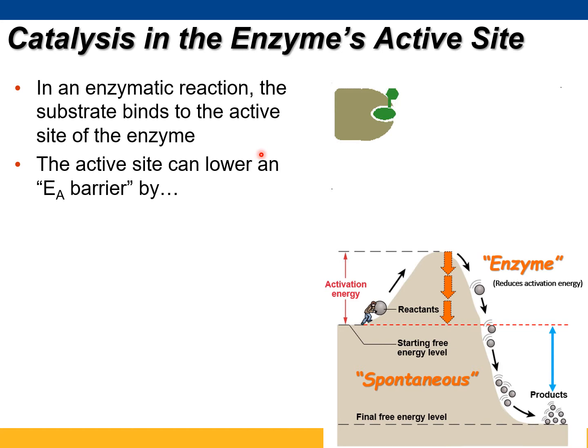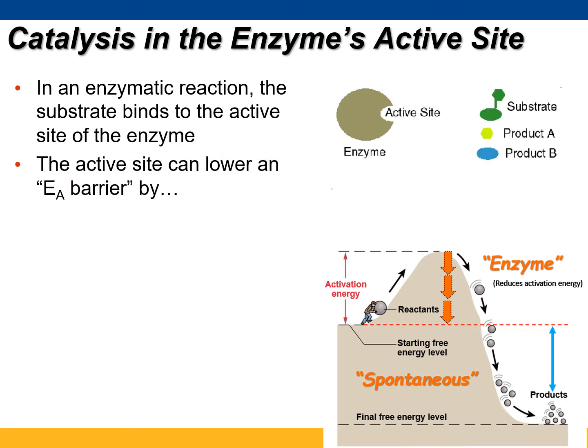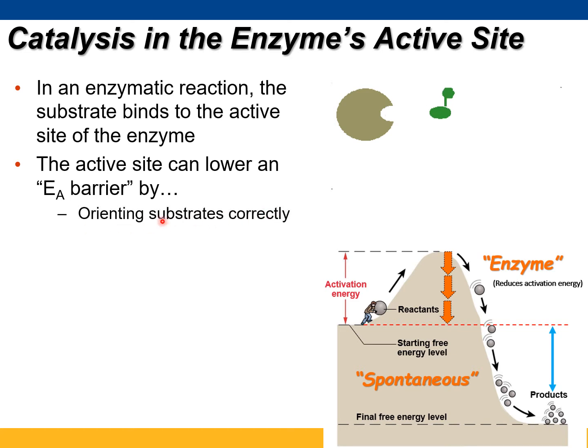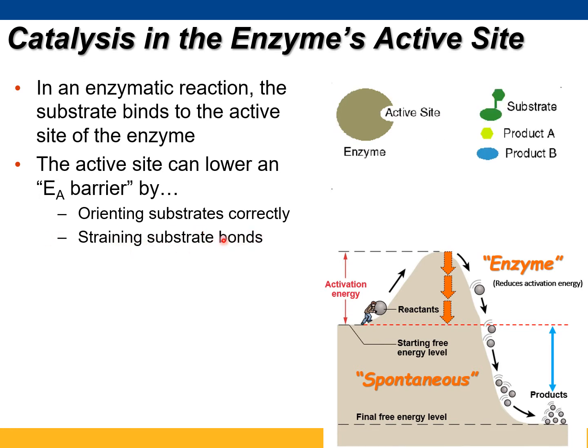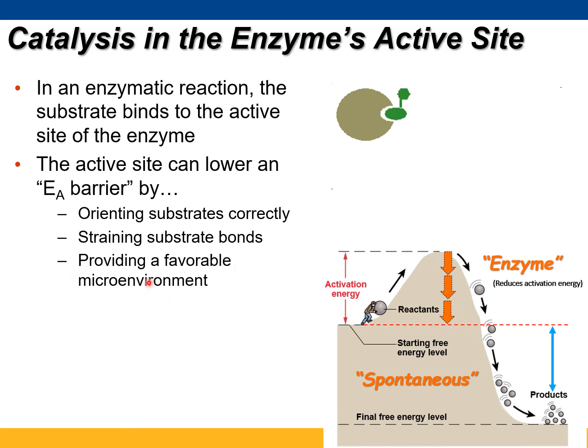So if we have this active site, then how does the active site do its thing? Well, first of all, it can orient reactants correctly. It may torque bonds in order to strain them and cause them to break. Might provide a favorable microenvironment. We have all different kinds of side chains on amino acids.